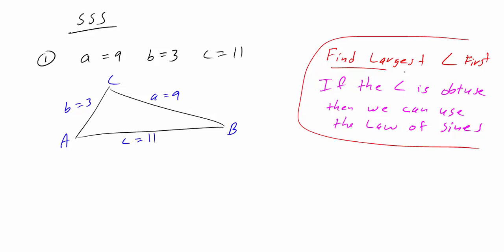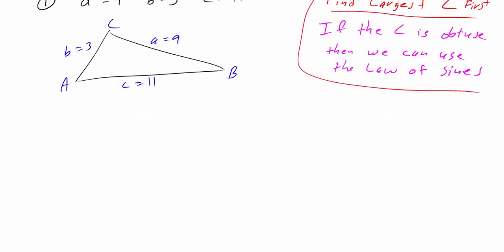So first of all, how do we know which one is going to be the largest angle? We simply look at the largest side, which is 11. Side c is the largest, so angle C has to be the largest angle.